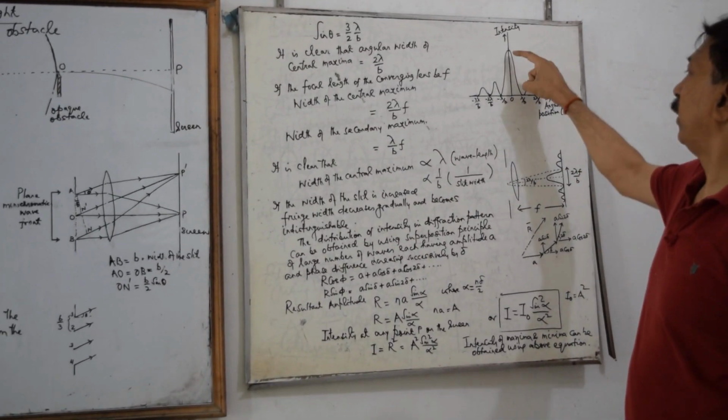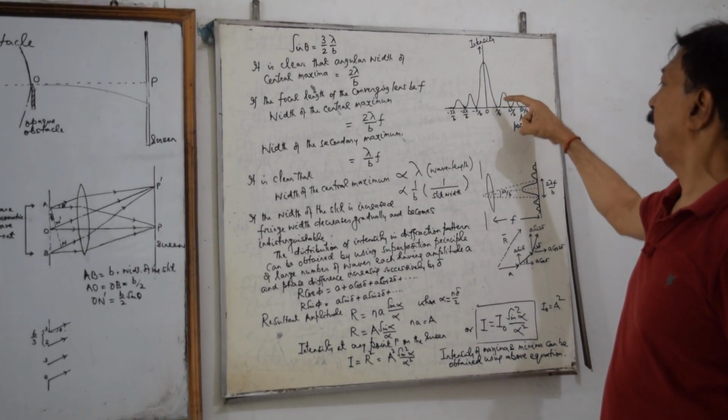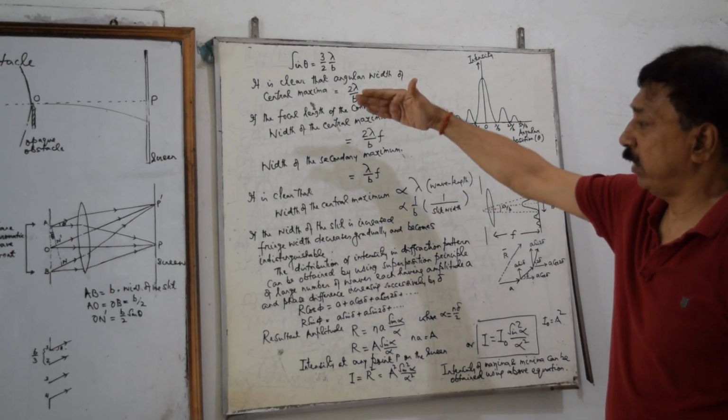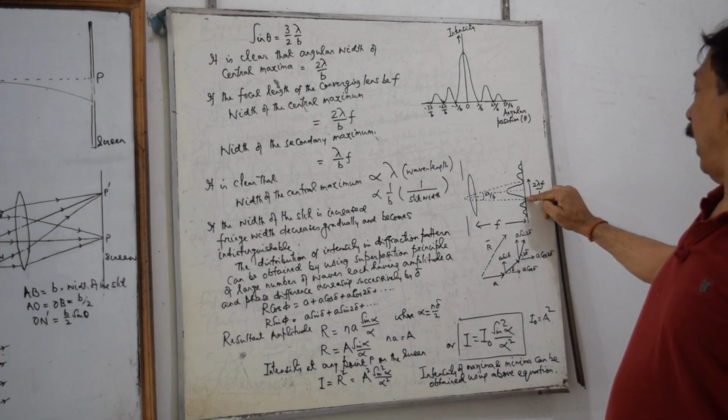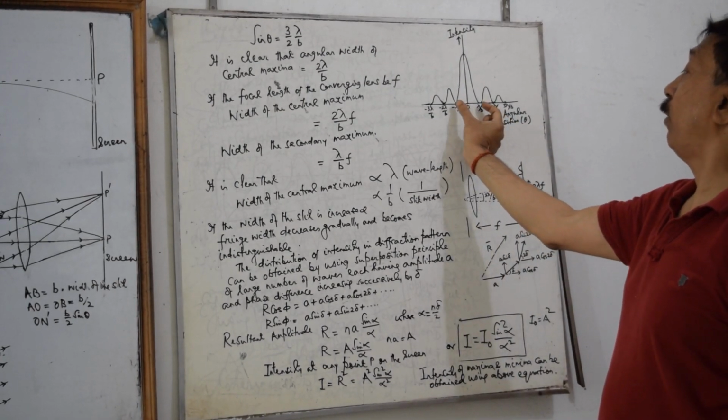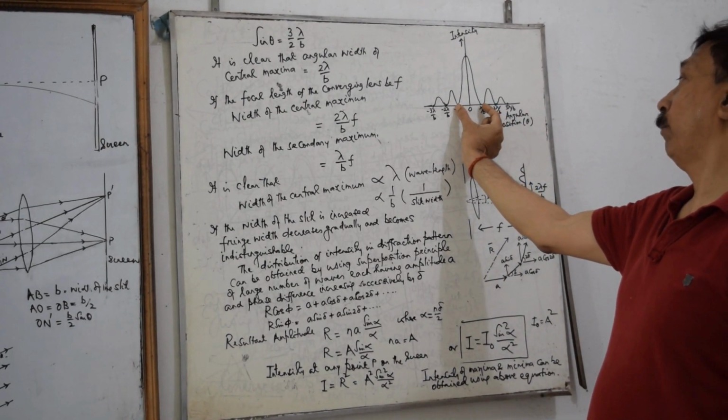And it's clear now if we draw the intensity versus angular position diagram, we observe this is the central maxima. You can see lambda/b on this side as well as on this side. So the angular width of the central maxima will be 2 lambda/b.